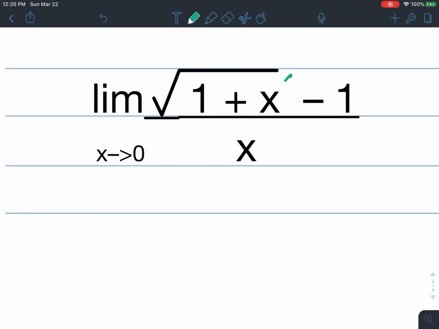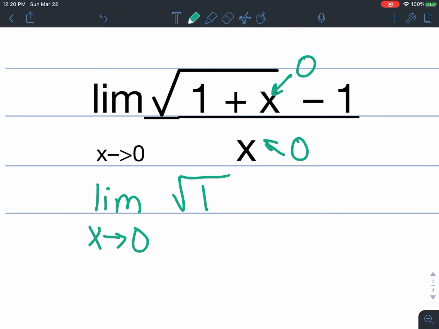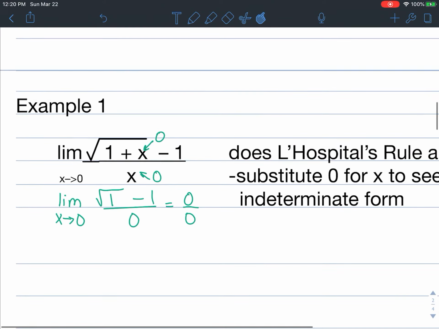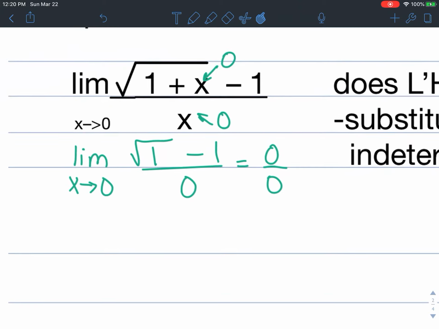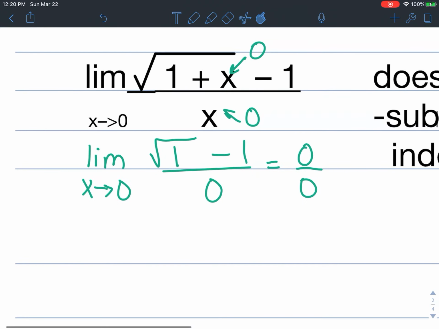So we would take 0 and put it here and here, and let's see what we would get. We would get the square root of 1 minus 1 over 0, and that is 0 over 0. So this qualifies as an indeterminate form, and that means we can use L'Hopital's rule. And that's going to make our lives a lot easier.